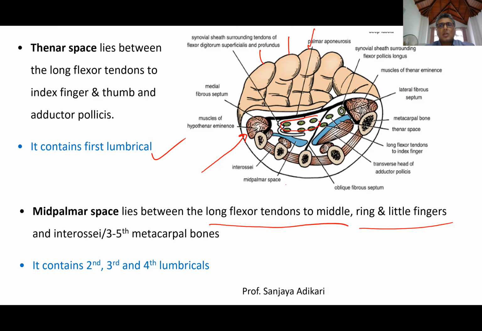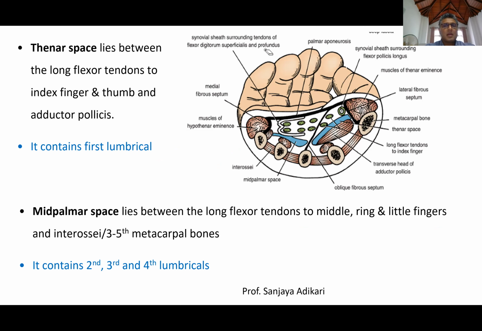Then deeply, you get the interossei and the three medial, third, fourth, and fifth metacarpal bones. So in between only you get the mid-palmar space in that area, and the other three lumbricals, second, third, and fourth lumbricals, lie in the mid-palmar space. Okay, I think that is clear.